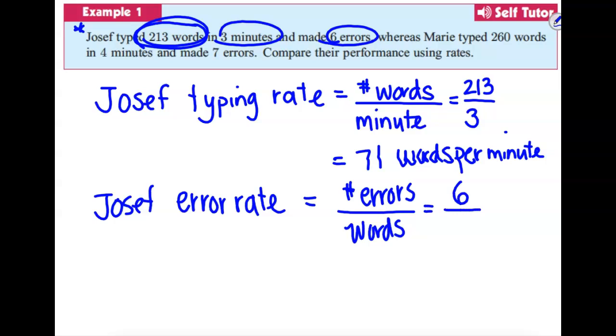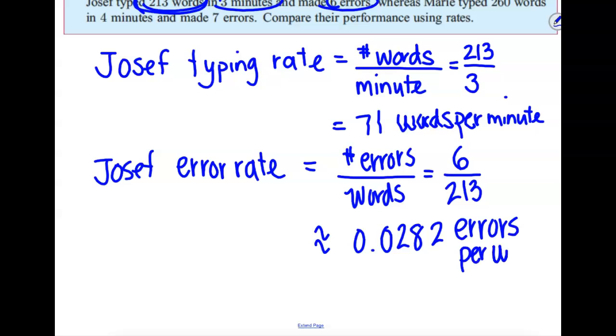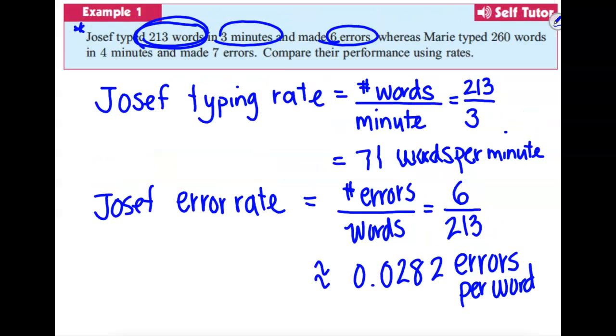So 6 divided by 213 words. So when we substitute that in our calculator, approximately 0.0282 errors per word.